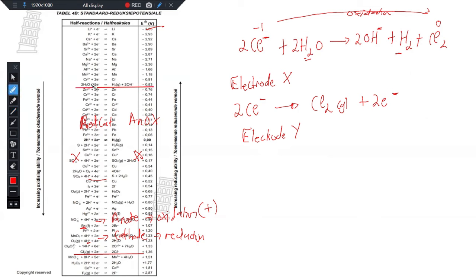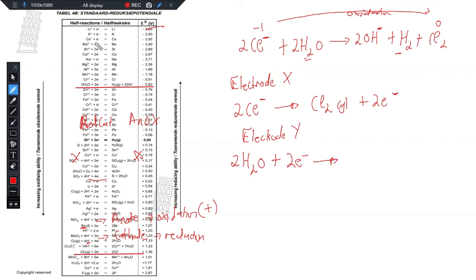Then 2H2O plus 2e⁻ gives us H2 plus 2OH⁻, exactly as it appears here, right? So that means electrode Y has to be 2H2O. Remember, with the one that is reduction, you just simply write it exactly as it is. You don't have to flip the equation, because these are standard reduction potentials.